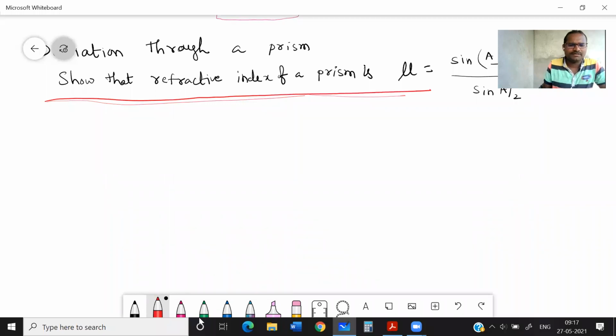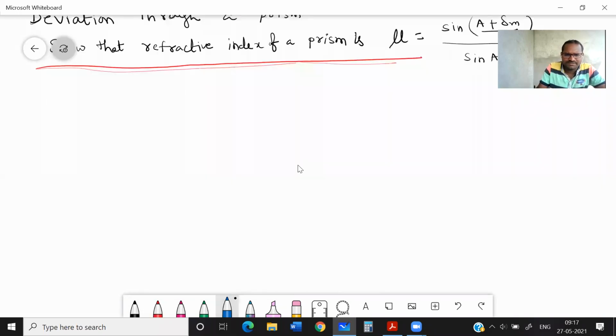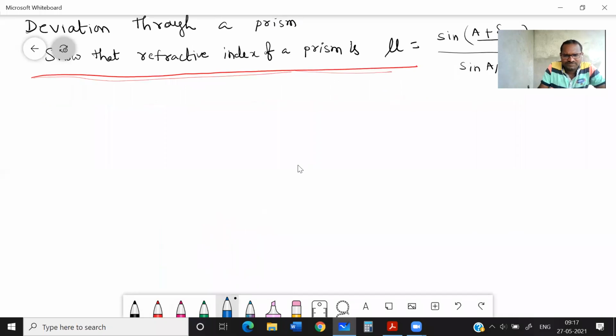Okay, so first, let us consider a prism. Here I'll draw. Imagine this is a prism.